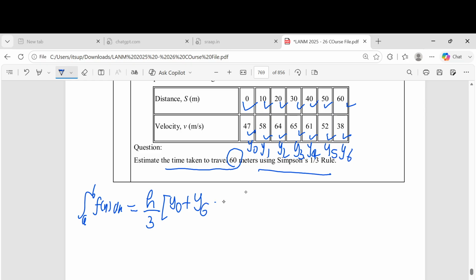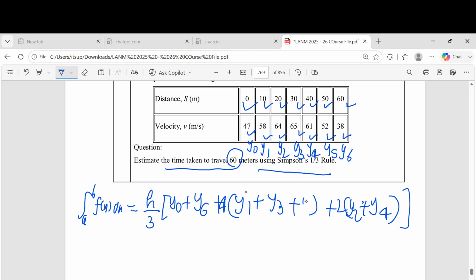So h, what is the distance between points? 10.